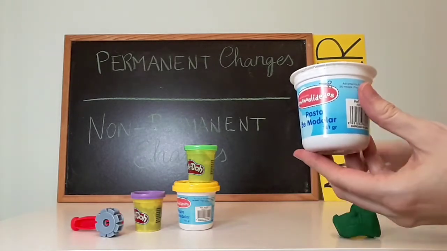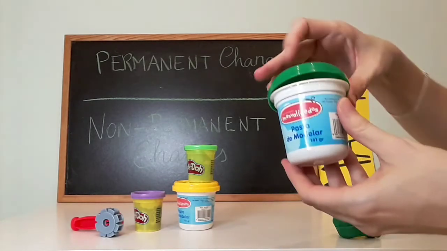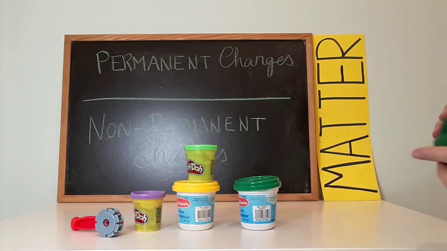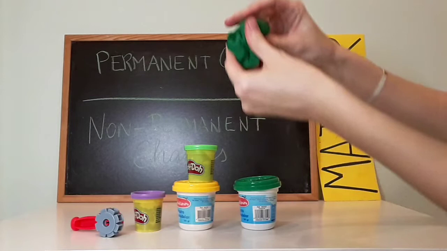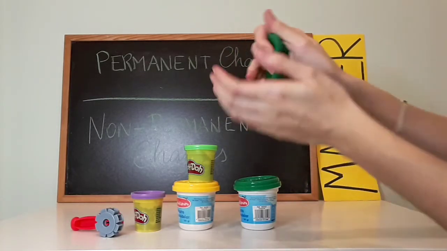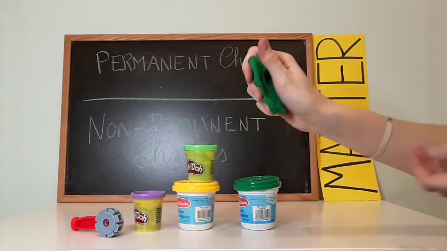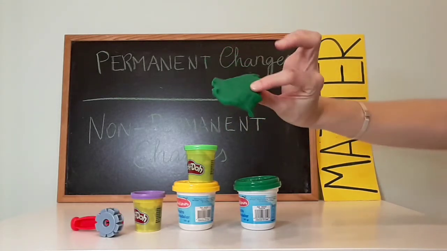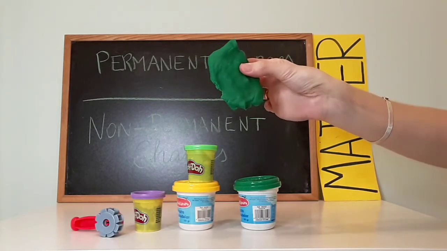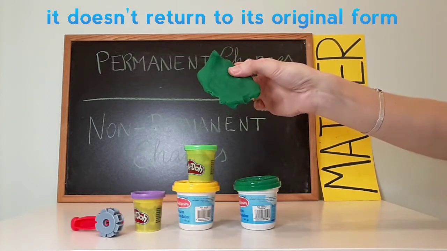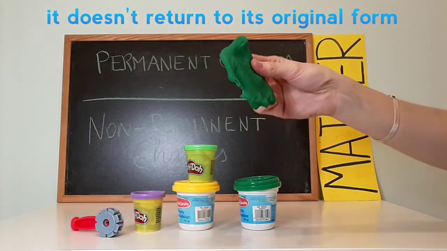I'm going to show you how the plasticine works. So if we change the shape of the object, we call this deformation because it doesn't return to its original form, okay?